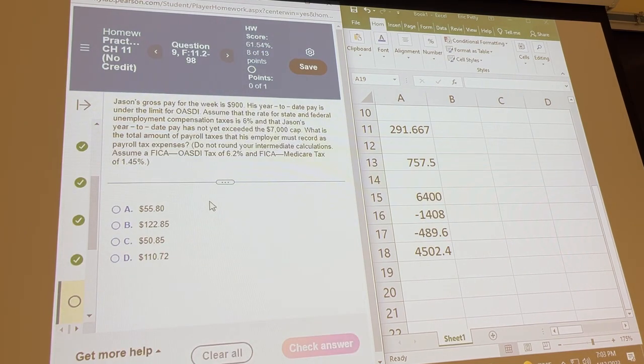Okay, Jason's gross pay is $900. His year-to-date pay is under the limit for OASDI. What is the total amount of payroll taxes that his employer must record as payroll tax expense?